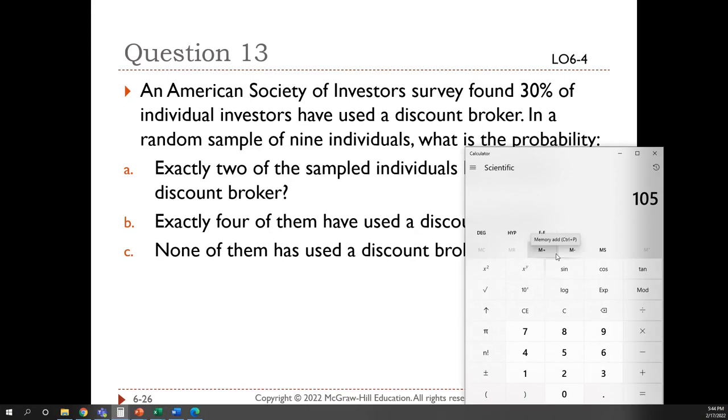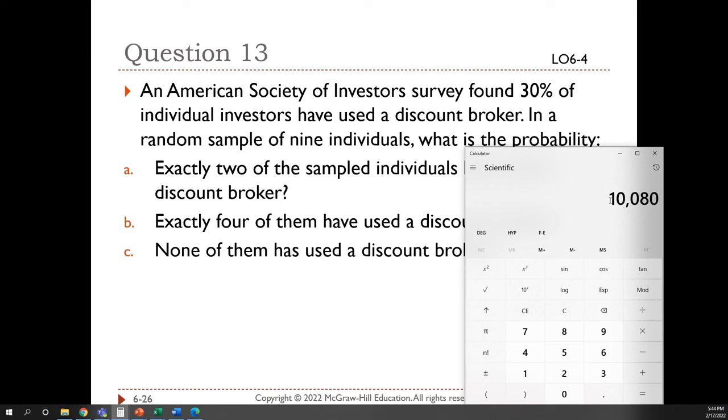And to do the combo, we're going to have to take however many we have, which is 9, minus the number that we're looking for, 2, and we're going to have to factorial this again and multiply it by the factorial of what number we're looking for. So 2 factorial. Okay? This number right here is our denominator, because we're going to take however many people there are.